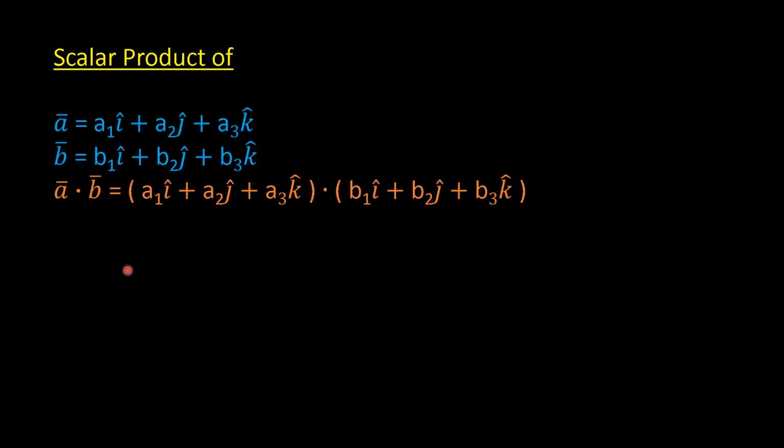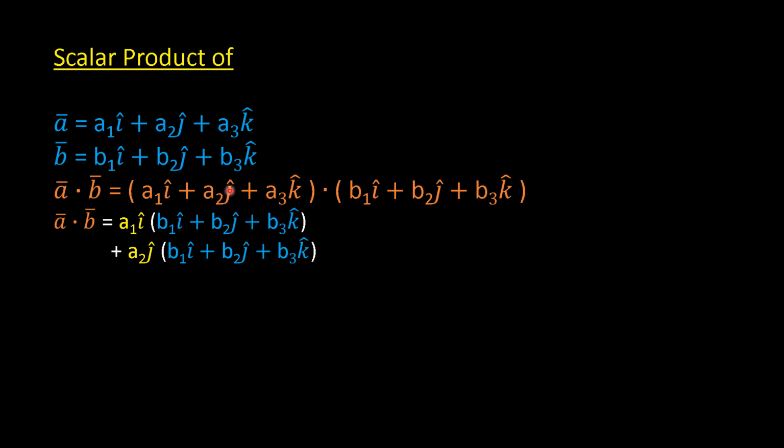Next we write A1 i cap multiplied by the whole bracket, plus A2 j cap multiplied by the whole bracket, plus A3 k cap multiplied by the whole bracket.